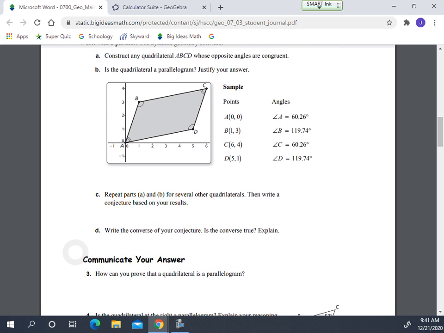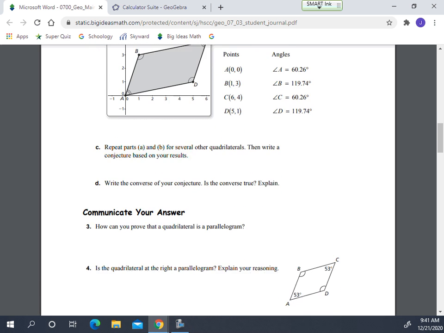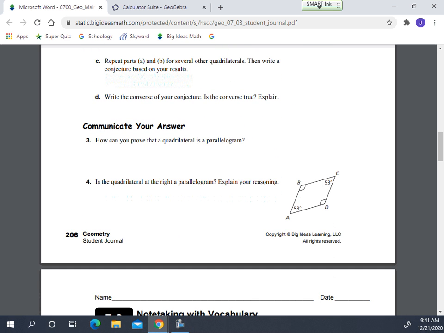Do we know that opposite angles of a parallelogram have to be congruent, right? Write the converse. Converse here.